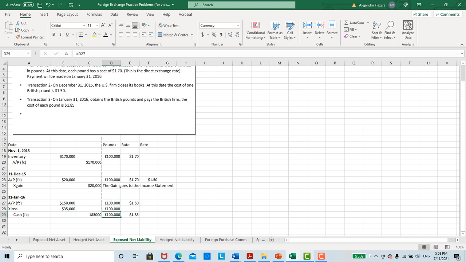Also, it's 100,000 times the difference between $1.85, which is what they cost you now, so each one costs you $1.85, less what they would have cost you as of the last adjustment, which is $1.50. I'll put that in parentheses here.